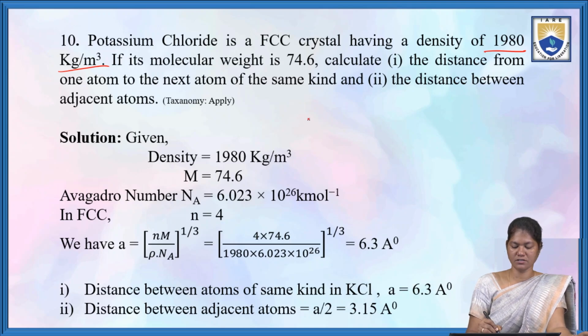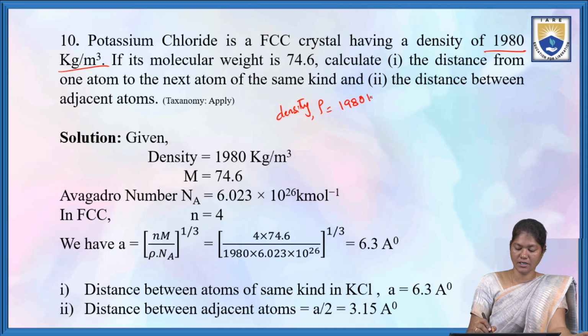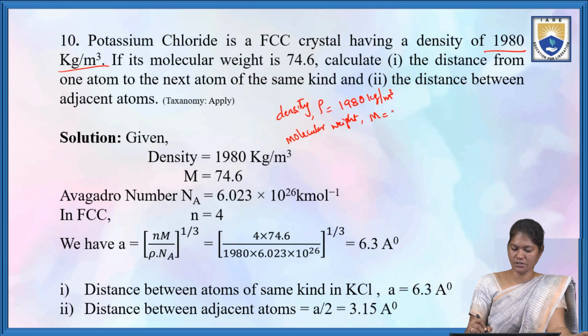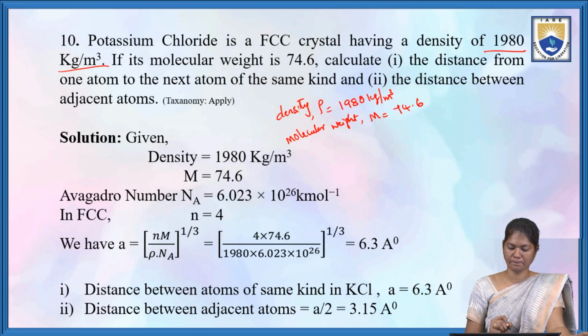So given data is density. Density rho is equal to 1980 kilogram per meter cube. Molecular weight M is equal to 74.6.